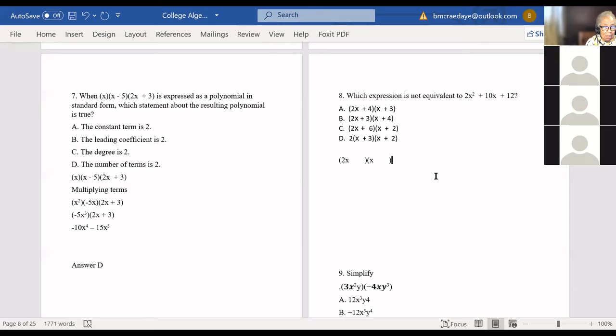X plus 4. No. Which numbers would go in these parentheses? We know the 2x, and we know it's an x, right? So it can't be D. 2x plus 3 times x plus 4.